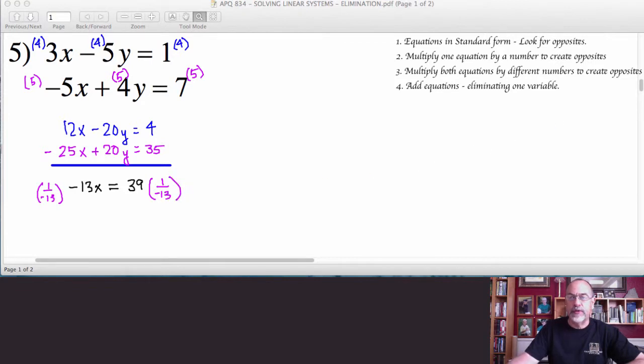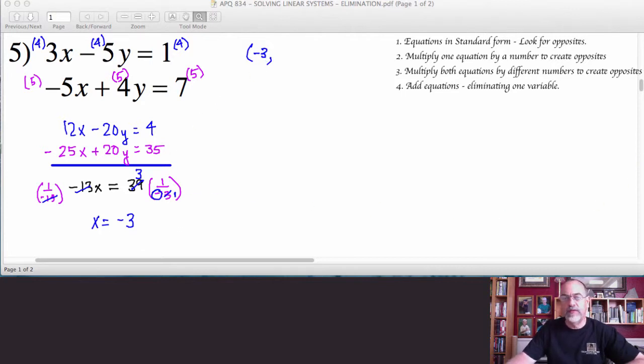And then we'll just go ahead and reduce these fractions. So the negative 13 and negative 13 reduce to 1. 1 times x is x. And then 13 goes into 13 one time and into 39 three times. This is over a negative, so I have 3 over a negative 1, which is negative 3. So my x value is a negative 3.